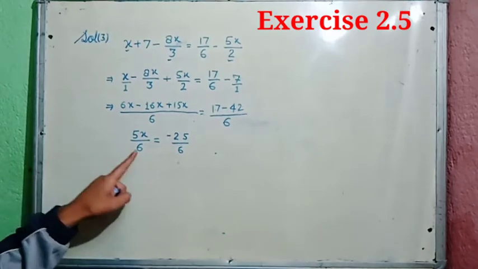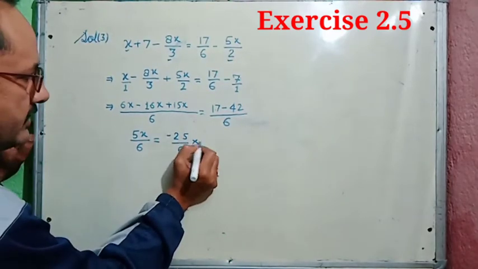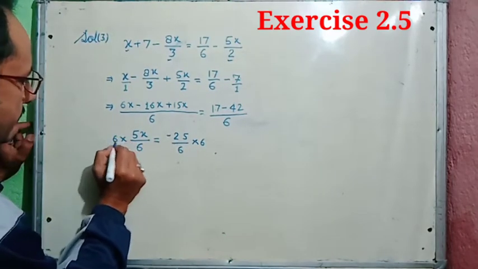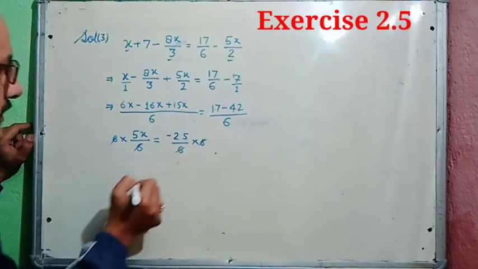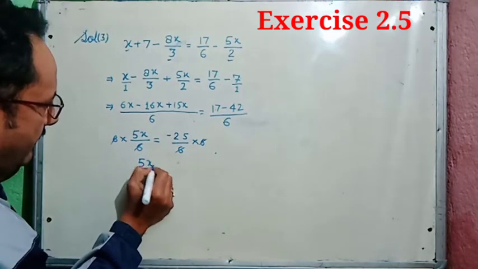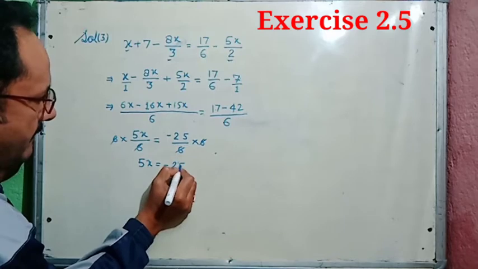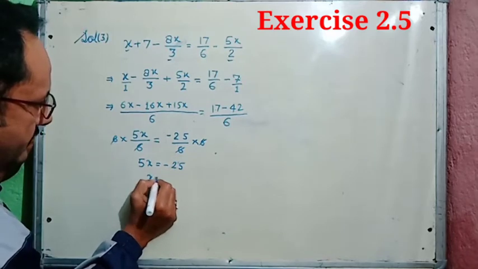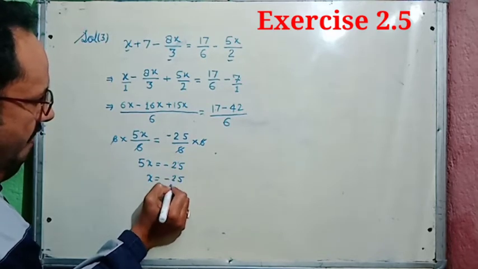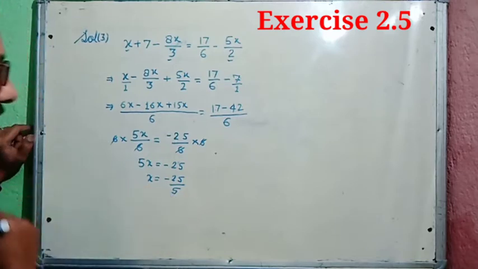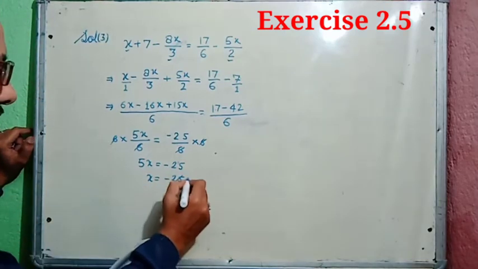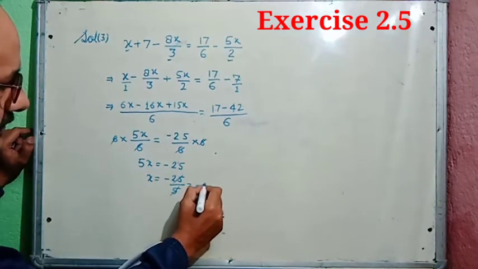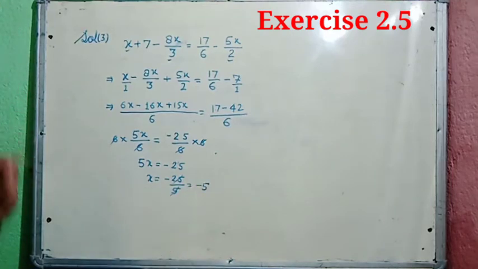Now we can eliminate this 6 by multiplying 6 both sides, like this. Now we have 5x is equals to minus 25, x is equals to minus 25 upon 5 by dividing both sides by 5. 5 5s are 25 with minus sign, 5. x is equals to minus 5 is our answer, right? It is the required solution for this given linear equation.